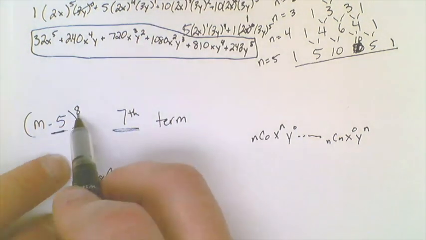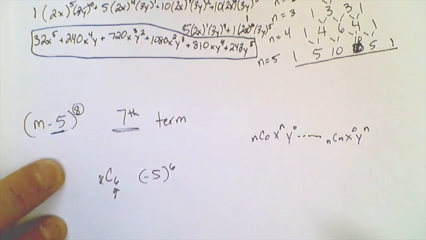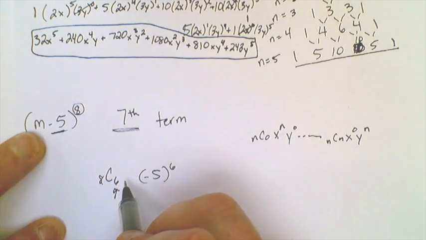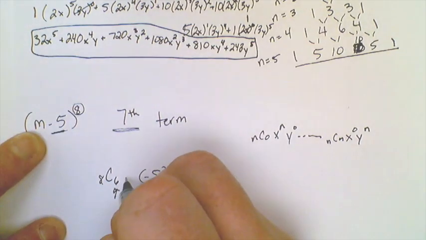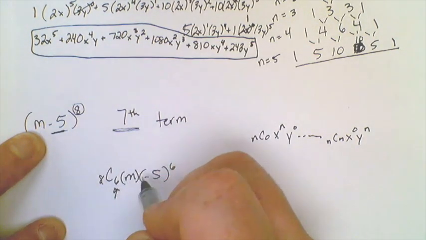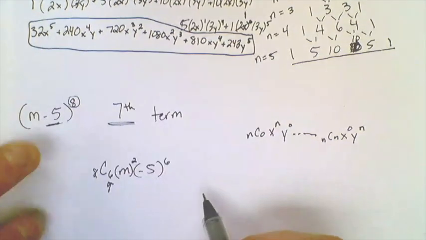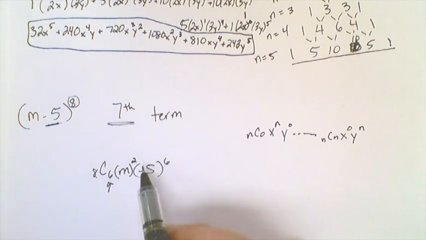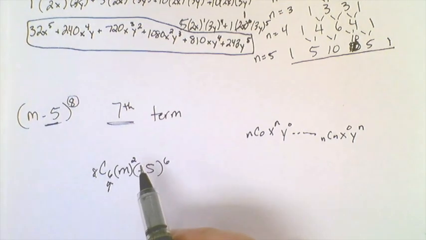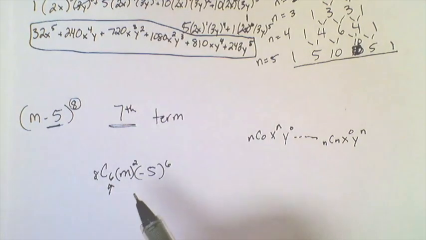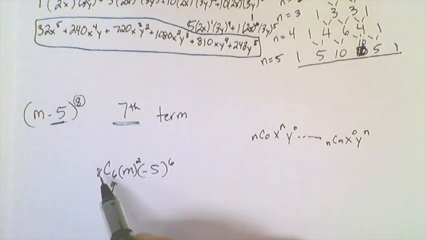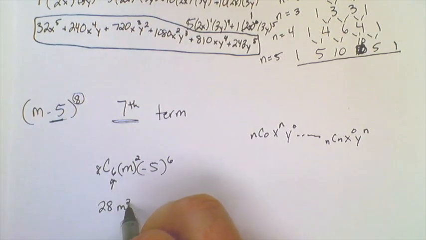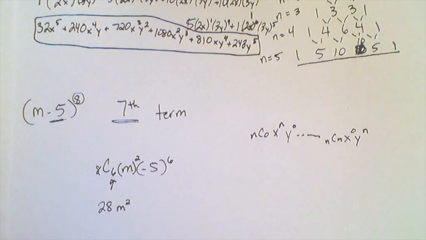Alright, since our degree has to be an 8 here, that means this is going to be m to the 2nd. So if you put that 8C6 in your calculator, you get 28, and then we have m squared, and then negative 5 to the 6th power.